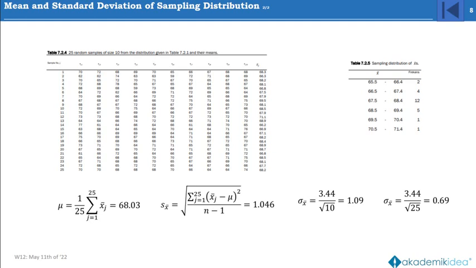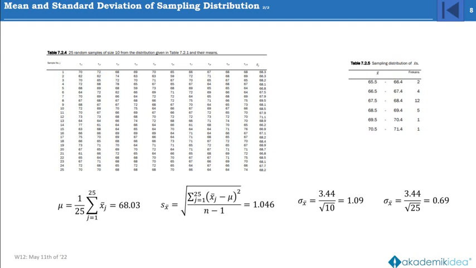Although it may be important to know the mean and standard deviation of a theoretical sampling distribution of sample means, knowledge of these two values alone will not enable us to calculate the probabilities of obtaining various values of sample means.